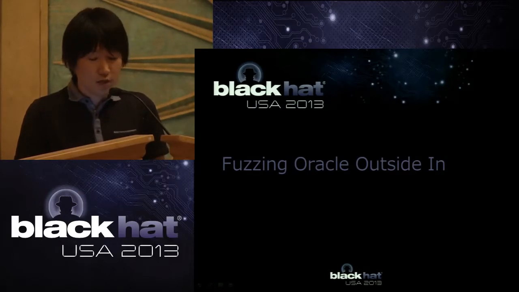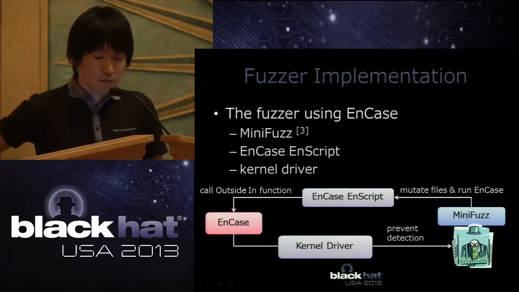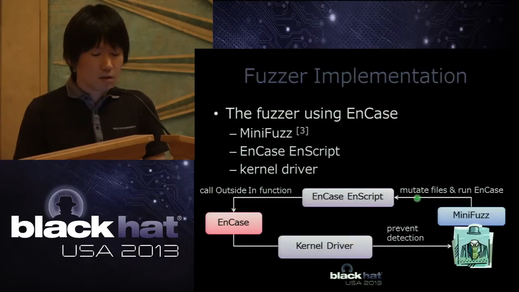I briefly show the implementation. This is an outline drawing of the fuzzer implementation using EnCase. It's composed of three factors. First, I use MiniFuzz, a file format fuzzer provided by Microsoft. It mutates input files and runs EnCase.